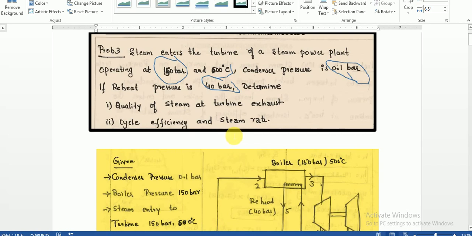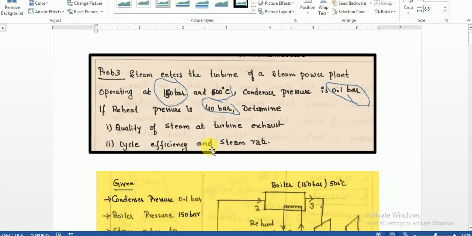Then we will calculate the steam rate, that is steam rate is equal to 1 by W net into 3600. Try to always be careful here. Steam rate will always be in kg per kilowatt hour. So you have to multiply 1 by W net into 3600, to convert kg per kilowatt second to kg per kilowatt hour.